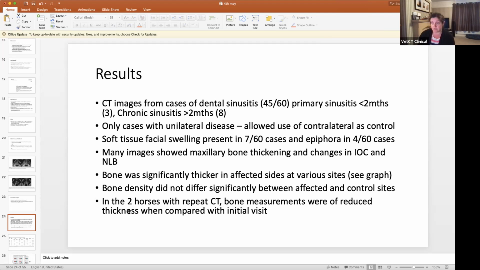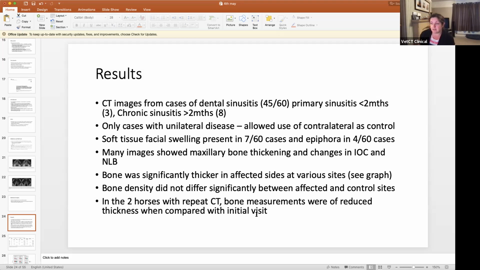They did only use cases that were unilateral, and they recorded soft tissue swelling in 7 cases and epiphora in 4 cases. Many images showed maxillary bone thickening and changes in the infraorbital canal and nasolacrimal duct. The bone was significantly thicker in affected sides at various sites, and that's on the next graph.